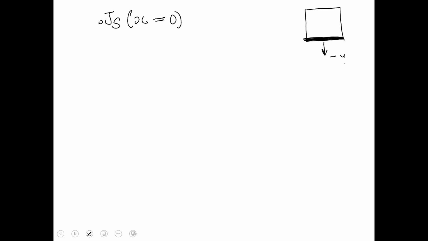So this normal component would be in minus y direction. So I'll have to do minus y cross hz component, and substituting the value of hz, and let's assume t is equal to 0.